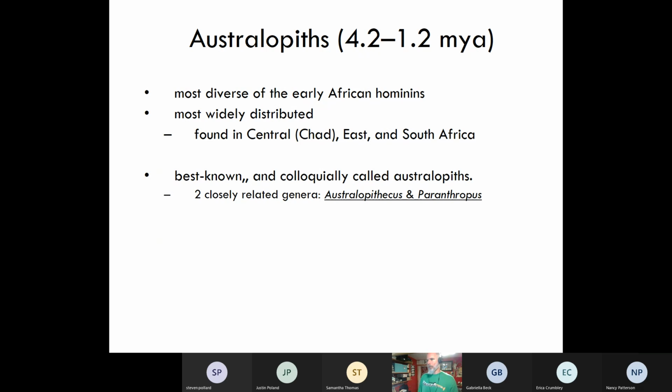These are two closely related genera, often thought to be the same lineage, but most agree that they are not. But they are so close. They lived so closely in time, and their features, their physicality, their morphology is very similar, to say the least.